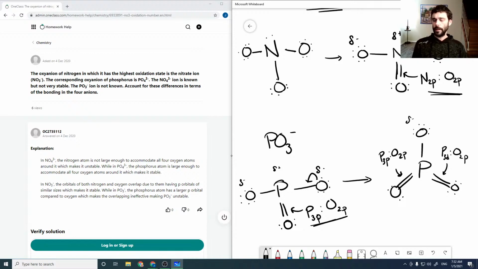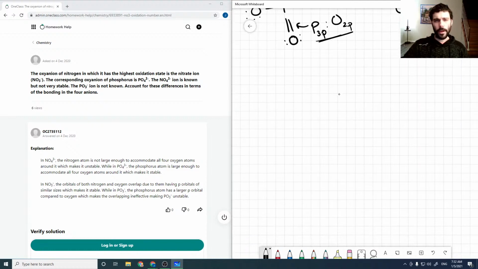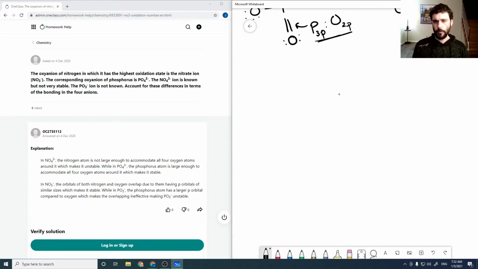Although the negative charge is now firmly on the oxygen. But either way, we do have this higher n overlap going on.